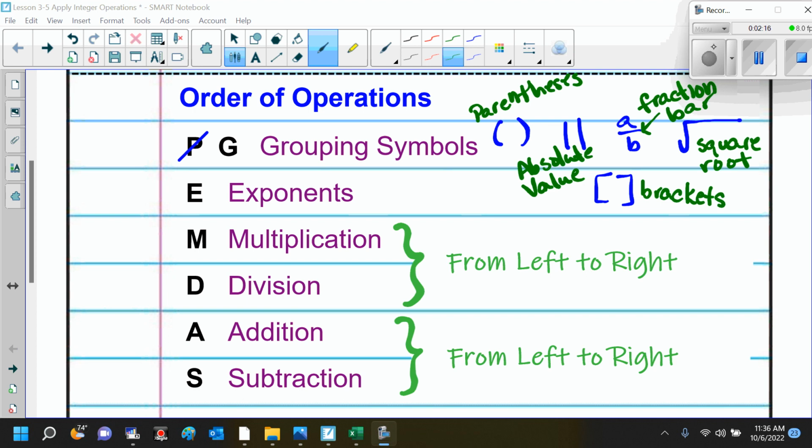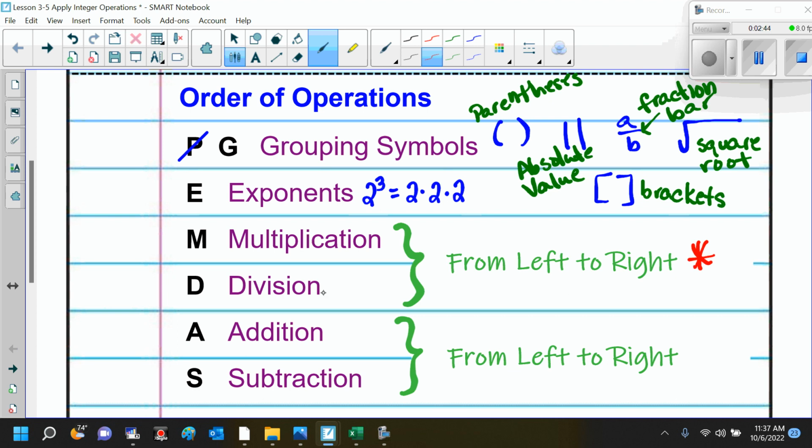Okay? Then we have the exponents. That's E for exponents. You guys remember what exponents are? So, for example, if we had 2 to the third power, that means 2 times 2 times 2. That's what the exponent tells you, okay? Then we have multiplication and division, and this, you guys, is extremely important.